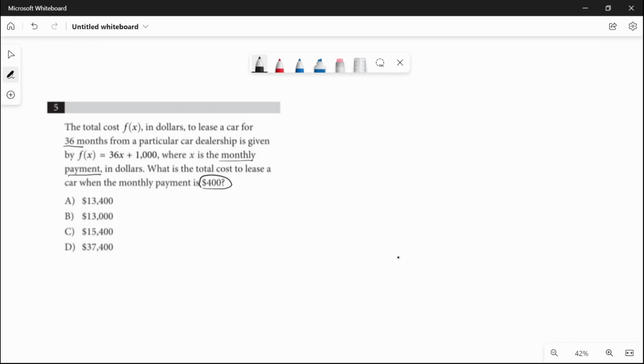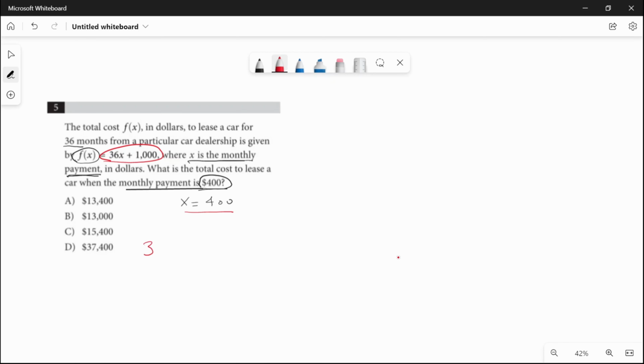So here we are given a function, and we are asked to find the value of f of x when x is equal to 400, because the monthly payment is equal to 400 and x is a monthly payment. So the next step will be plugging in 400 into the function given.